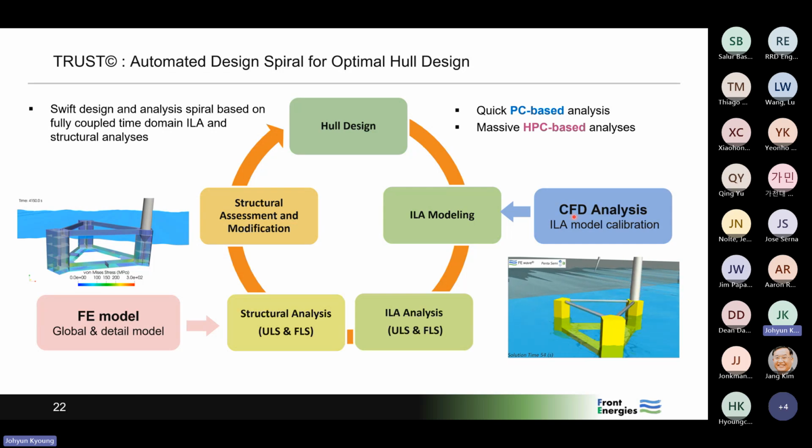The FE model is developed by the structural engineers, a time domain analysis is completed, and then the structural assessment is done if needed. The structural engineer modifies the structural model and then repeats this spiral. So the TRUST packages and tool suite are developed for an automatic, optimal spiral analysis.